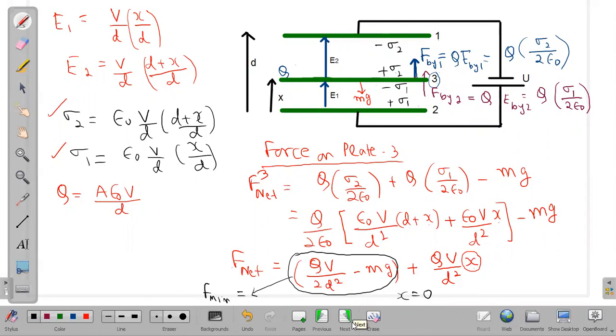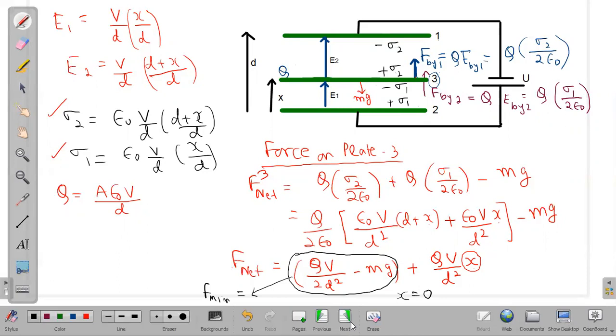That means that at the initial moment, the force on plate number 3 is minimum, and that minimum force must be more than a positive value, because if the minimum force is negative, that means the force is in the downward direction. Plate number 3 will never rise upward. Once it starts rising, we know that the force on plate number 3 will increase as the value of x increases.